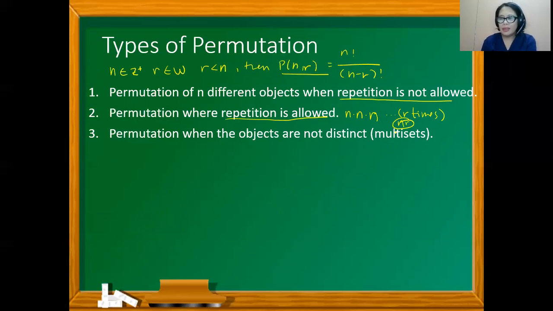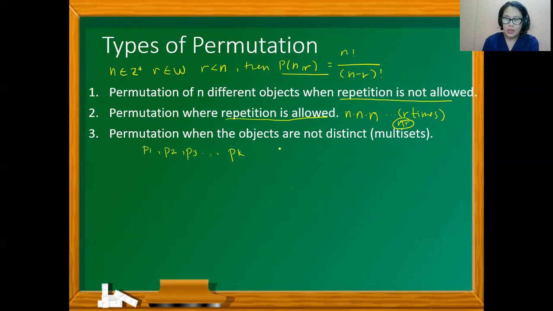Now, permutation of n objects when, for example, p sub 1 objects among the n objects are similar, p sub 2 objects of the second kind are similar, p sub 3 of the third kind are similar, and so on until p sub k objects of the kth kind are similar, and the remaining are all different.